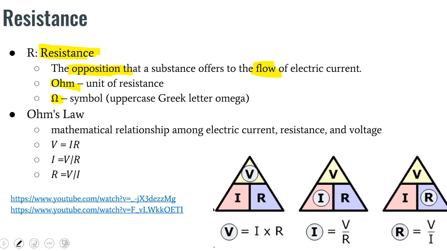Again, with this, we have what is called Ohm's law that defines the relationship between current, resistance and voltage. So the basic format of Ohm's law is V equals IR. So the voltage between two particular points is the multiplication of the current flow and the resistance of that particular material.